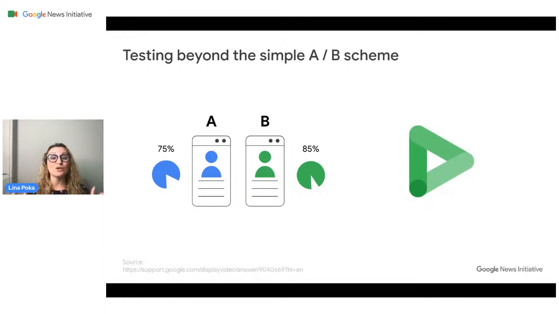A tool such as Display and Video 360 provides an A/B testing framework that we can use to evaluate every dimension of a campaign and report back on what performed best. By splitting the cookies into mutually exclusive groups, essentially experiments, they let us test different combinations for targeting, settings, and creatives, just to name some examples.